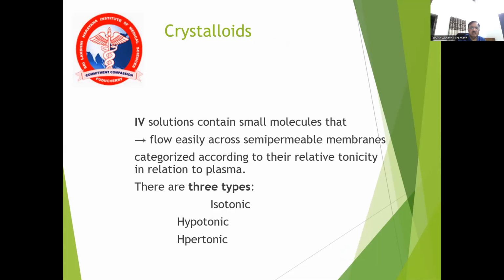Crystalloids are the IV fluids of solution containing small molecules that flow easily across the semi-permeable membrane. Depending upon their relative tonicity in relation to plasma, they are of three types: isotonic, hypotonic, and hypertonic.